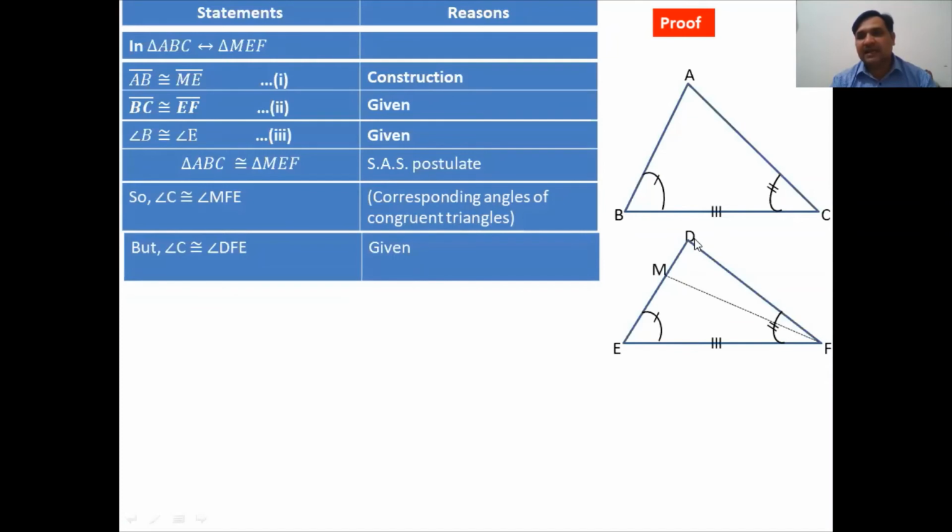So we can also say that this is angle DFE. Angle C is equal to angle DFE, and also angle C is equal to MFE. One thing is given and one thing we have proved.